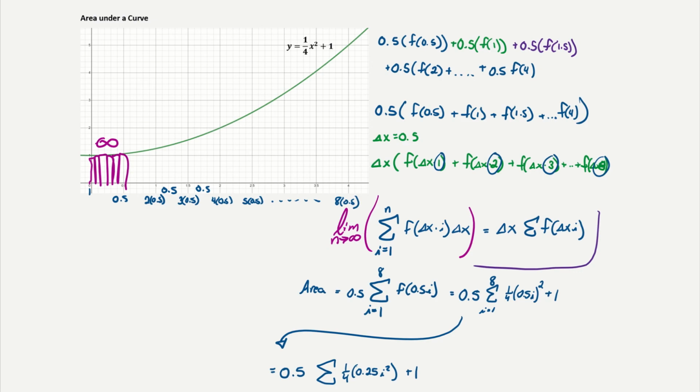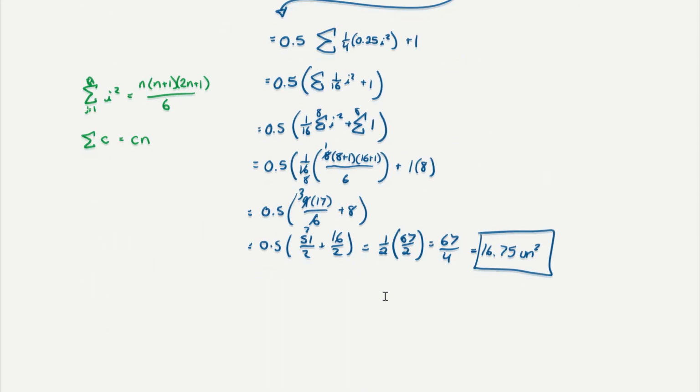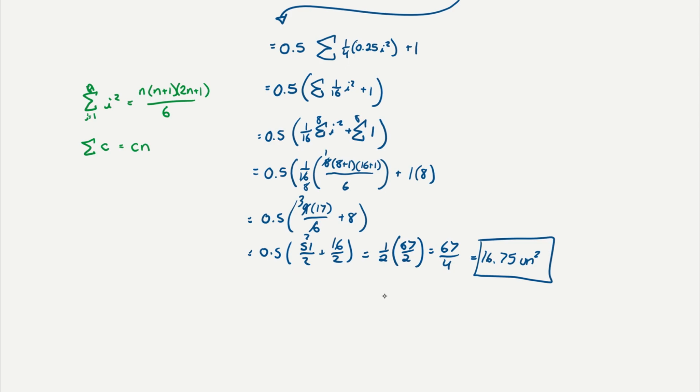So now the number of rectangles is not just 8, not just 16, 32, but infinite. And so what that would mean is you keep doing the same thing, but at this point where we plugged in an 8, because we had 8 rectangles, we would just plug in an n, and then we would have the limit.